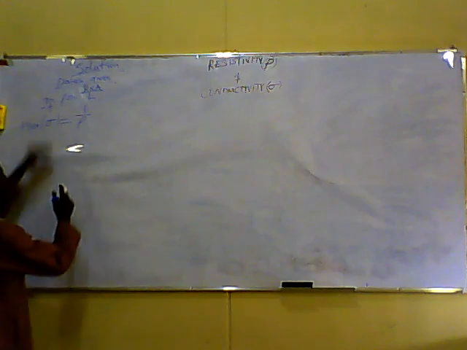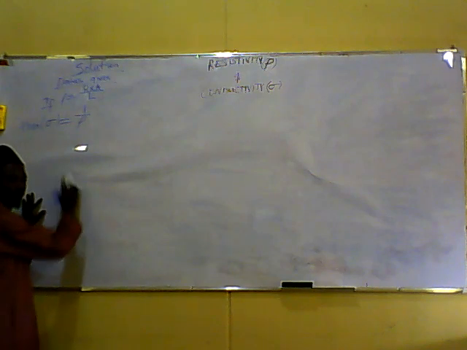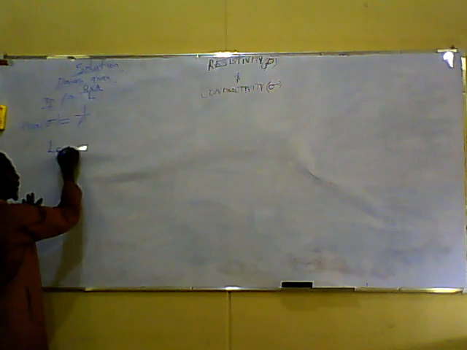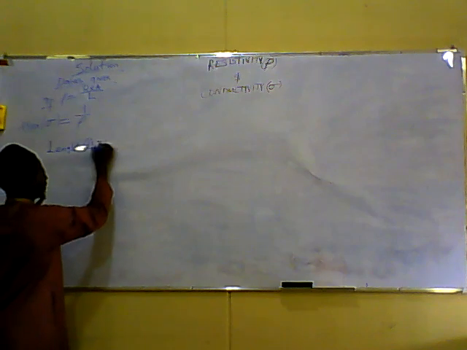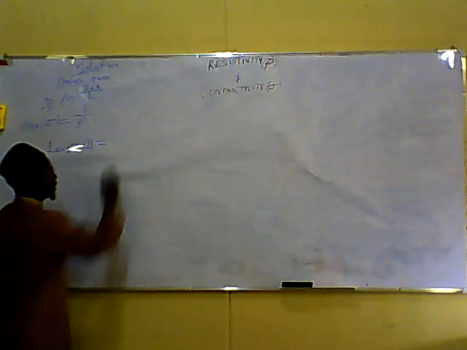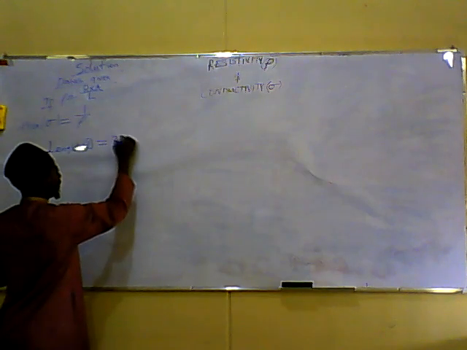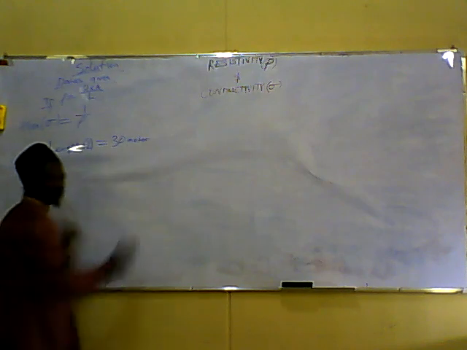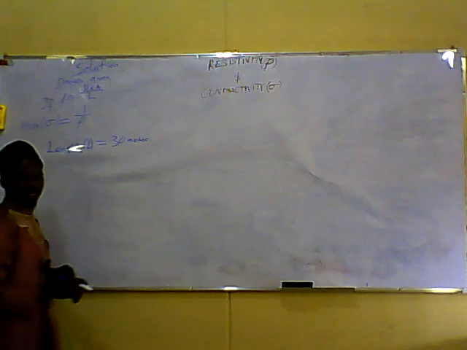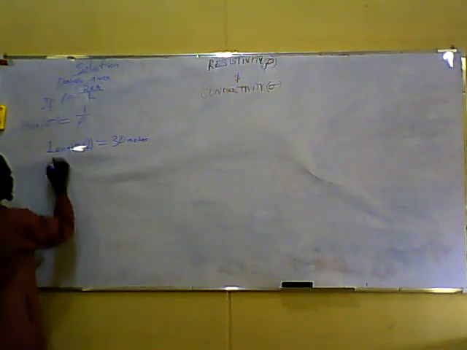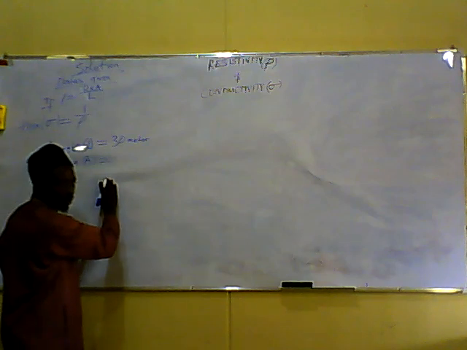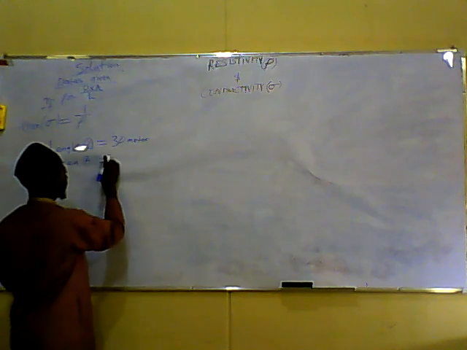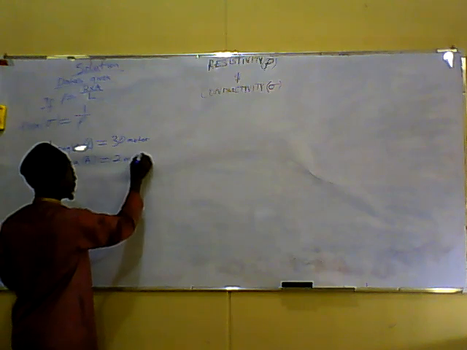Now, the data are length L is equal to 30 meter. So the conductor is 30 meter long, and a cross-sectional area, that is area A, equal to 2 millimeter squared.